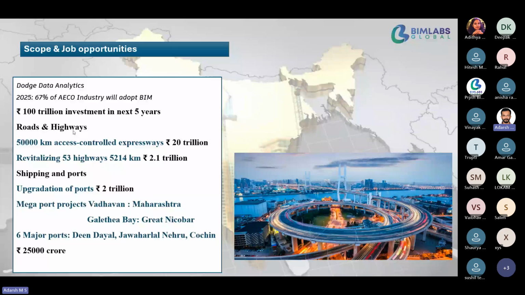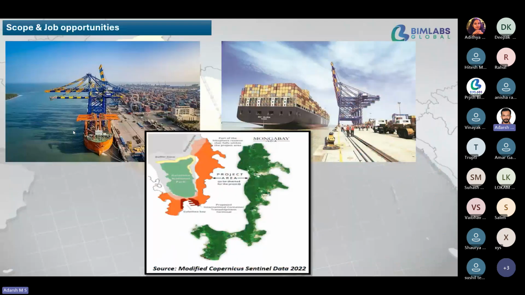So we are going to face a tremendous change in our infrastructure in the next 5 years. So these are the job opportunities waiting for us if you know this building information modeling technology in infrastructure projects. I'm not going into these.